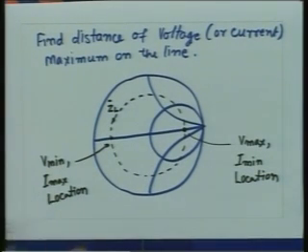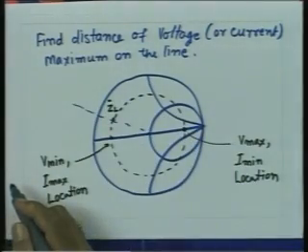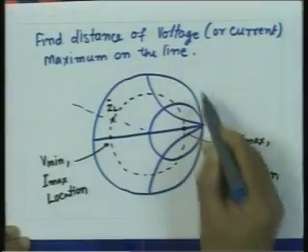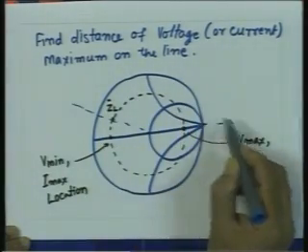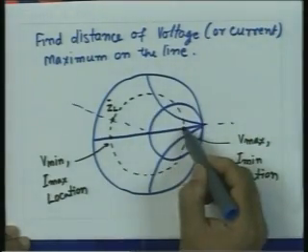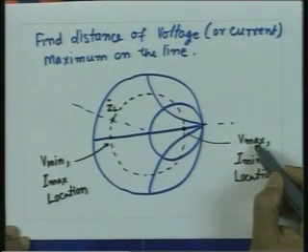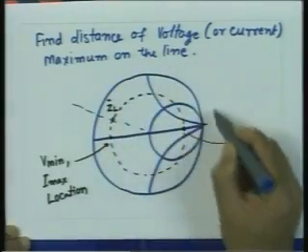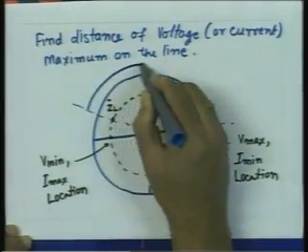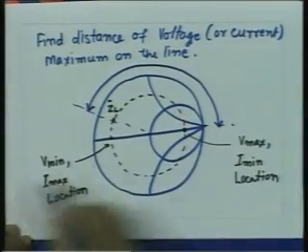We want to find out this location from the load. The job is very simple. You draw a radius vector passing through the load here. If I now move towards the generator up to this point on the constant VSWR circle, I will reach the location where the resistance is maximum or the voltage is maximum. So, essentially find out what this angle, this arc here, is.